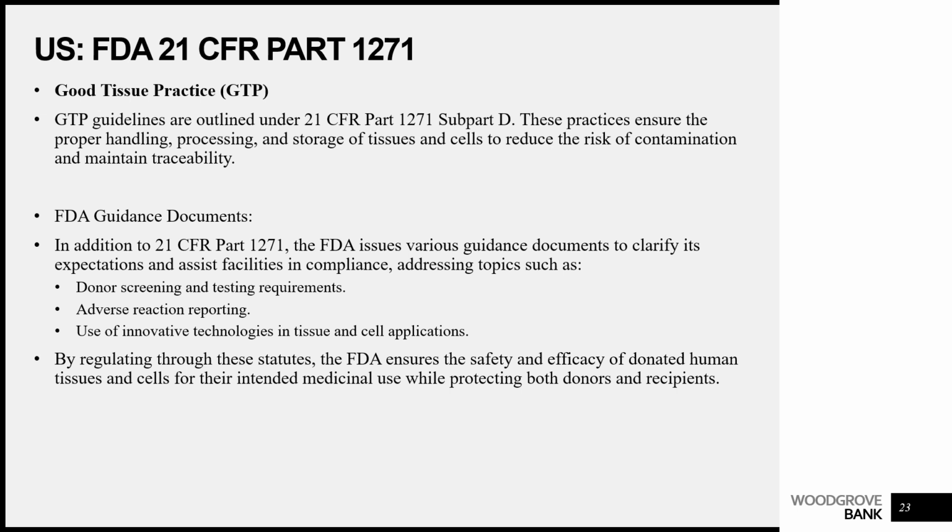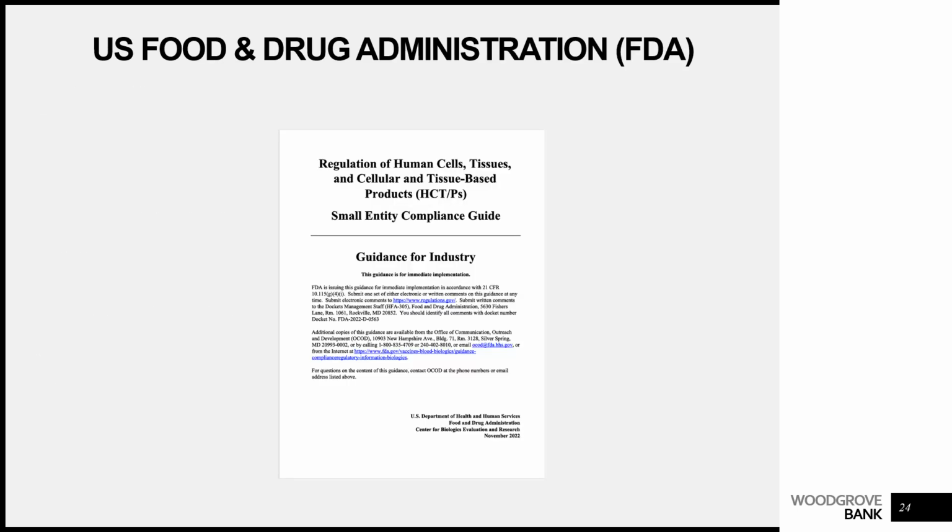By regulating through these statutes, the FDA ensures the safety and efficacy of donated human tissues and cells for their intended medical use, whilst protecting the donor and the recipient. So this is the US version. And they have a questions and answers document for industry.